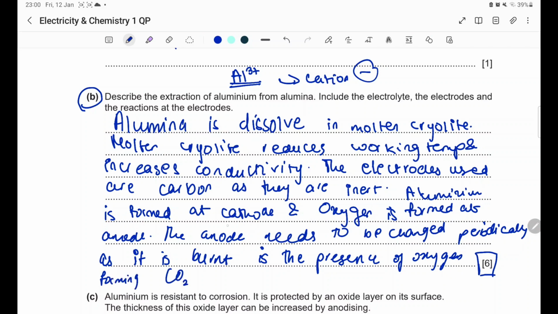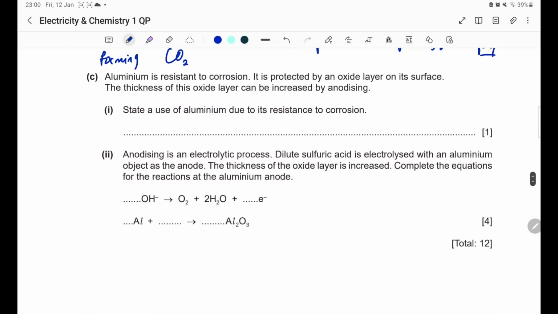So all of this detail is what will give you your 6 marks.